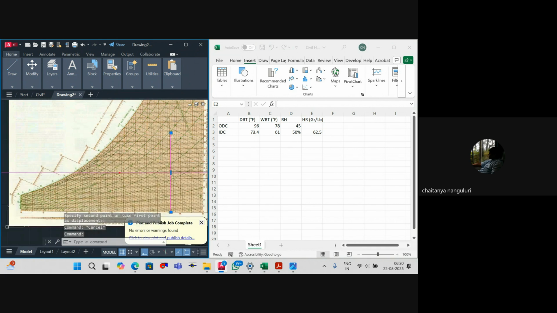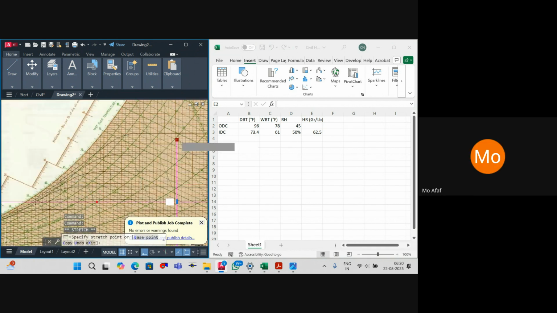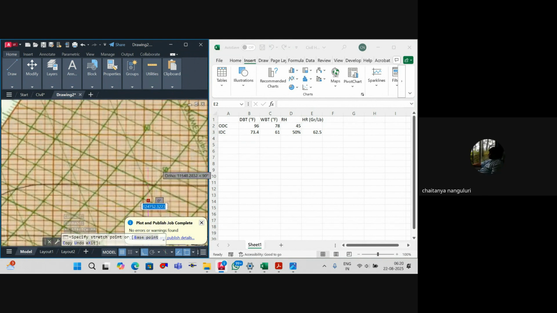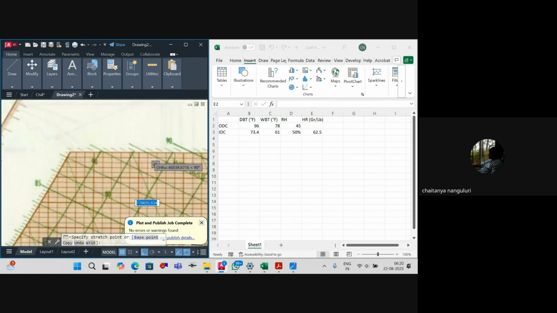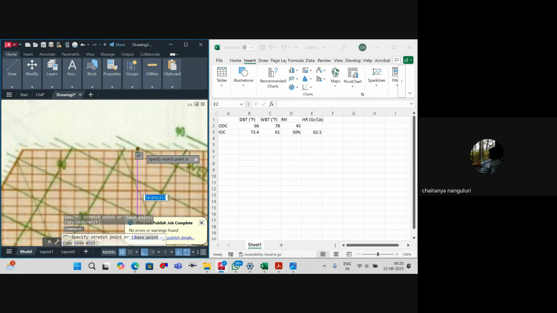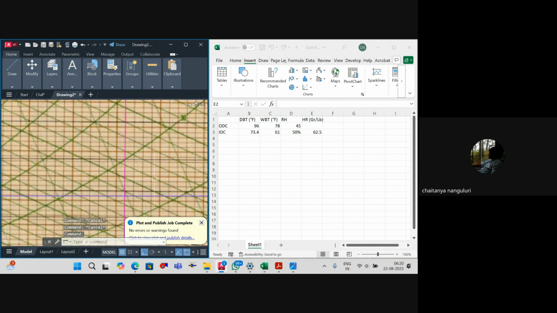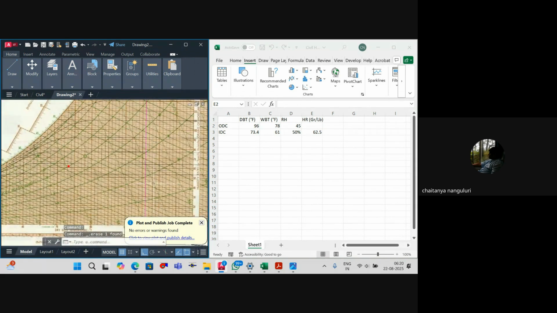This chart itself is not straight, so I have to mark it on the line. There's a slight deviation. Anyway. Then coming to the next one, 45% RH. RH is kind of tough. Don't you think I can make it from the wet bulb temperature, 61, or not?